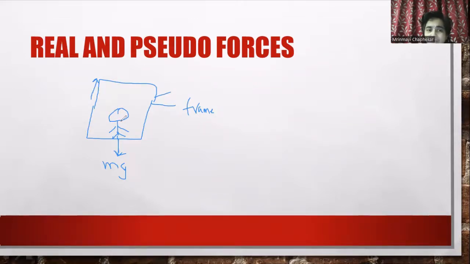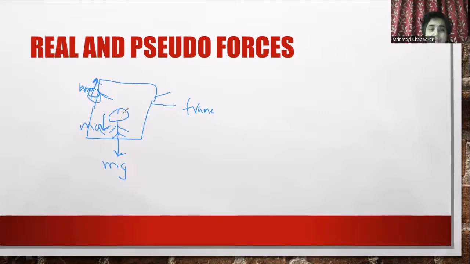So this person in the non-inertial frame of reference will experience the pseudo force exactly opposite in direction. म्हणजे, a is the acceleration of the lift, so ma pseudo force of same magnitude but opposite direction, it will act in the downward direction. a is the acceleration of the lift in the upward direction.